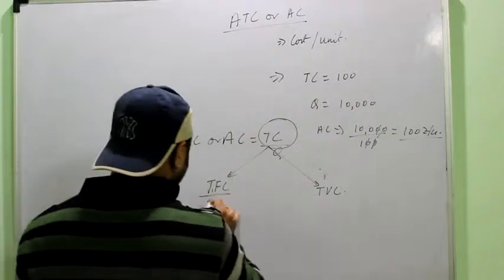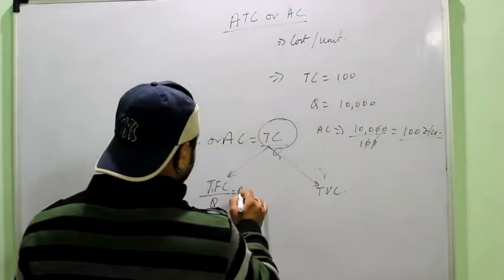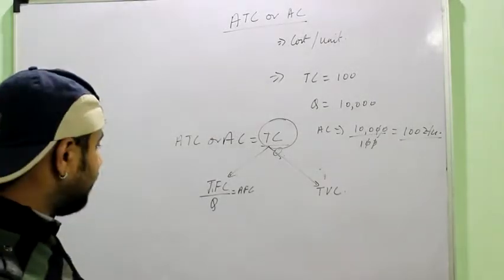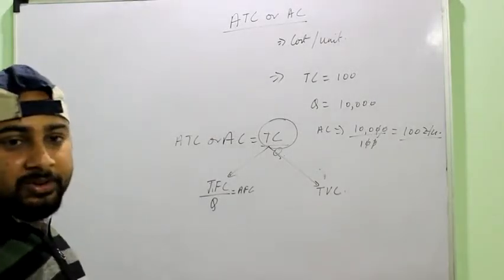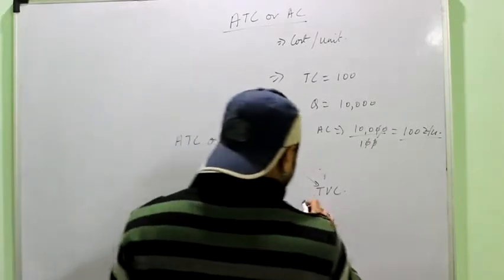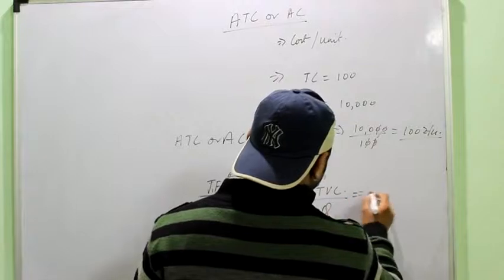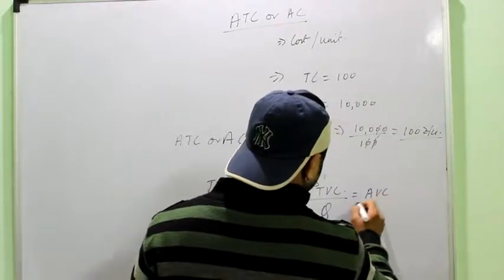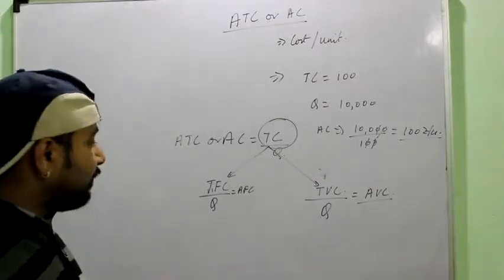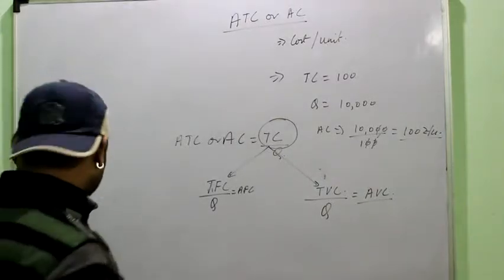If you find the total fixed cost per unit, it will be known as average fixed cost. It is the fixed cost incurred on producing per unit of the output. Just in the definition you have to add the word fixed. Similarly, if you divide TVC by output, you will get average variable cost, or it is the variable cost incurred per unit of the output produced.